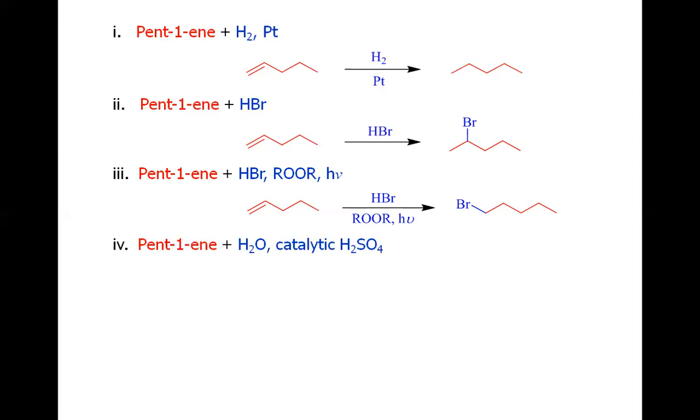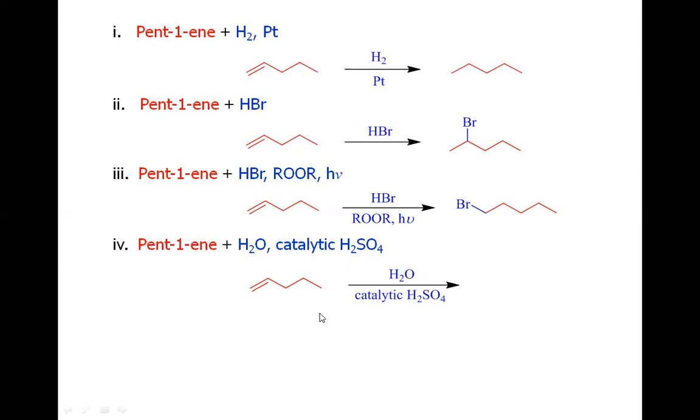Here in this particular case, we have the addition of H2O across the double bond in the presence of a catalytic amount of sulfuric acid. So it's a simple hydration reaction, and as discussed for the HBr addition to the alkene, it goes in the same pattern: first of all, the alkene will be protonated in the presence of this acid to give the secondary carbocation, which will be immediately attacked by the water molecule.